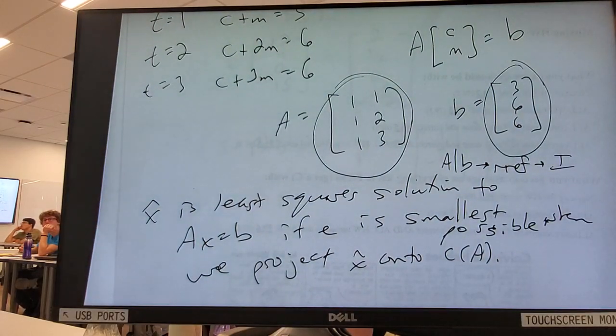This is going to become big in the next section especially, but when I cannot solve AX equals B, this is one specific procedure to address that. In the next section, we're going to generalize that procedure a bit. B is not in the column space of A. In fact, we knew that from the beginning. That's why we had an issue with it. We can't get the line because there is no line that goes through all 3 of those things.